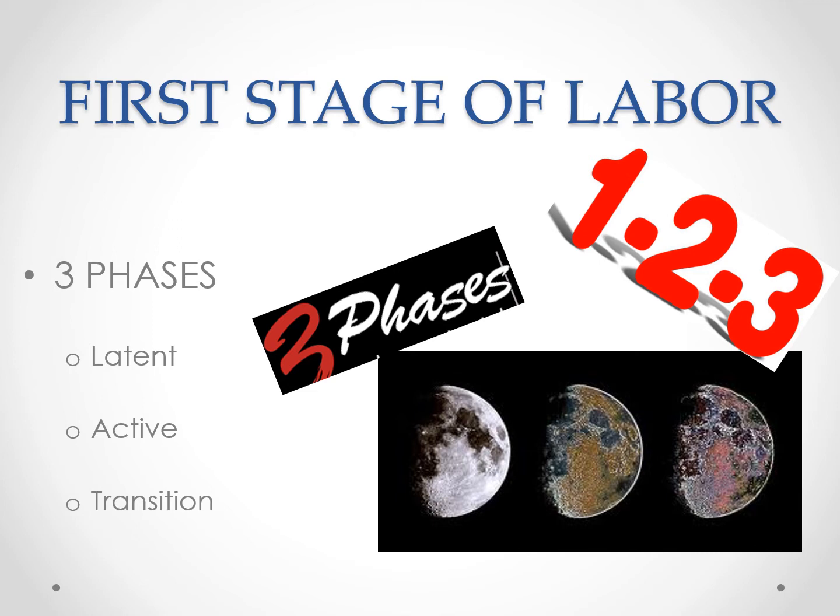And then transition, often the most contractile, the most difficult, fortunately the shortest phase, is when the patient is about 7 or 8 centimeters to complete. So that would be 10. Okay. So again, 3 to 5, 4 to 6, and 7 or 8 to 10. Those are the different phases.